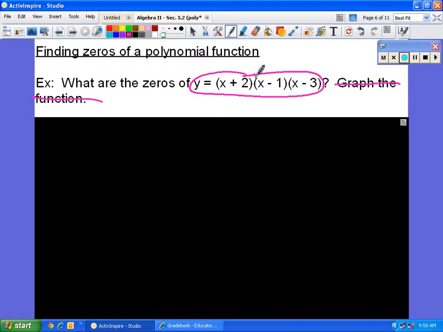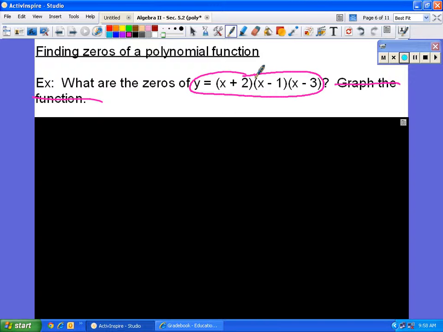In other words, I'm asking you to solve this. It's no longer a quadratic, it's now a polynomial. We're solving this polynomial. Now ordinarily, you'd be given this long polynomial, you'd have to solve it by factoring and solving like we did on the previous page. But we're skipping right to here are the three factors. We want to know what the zeros are.